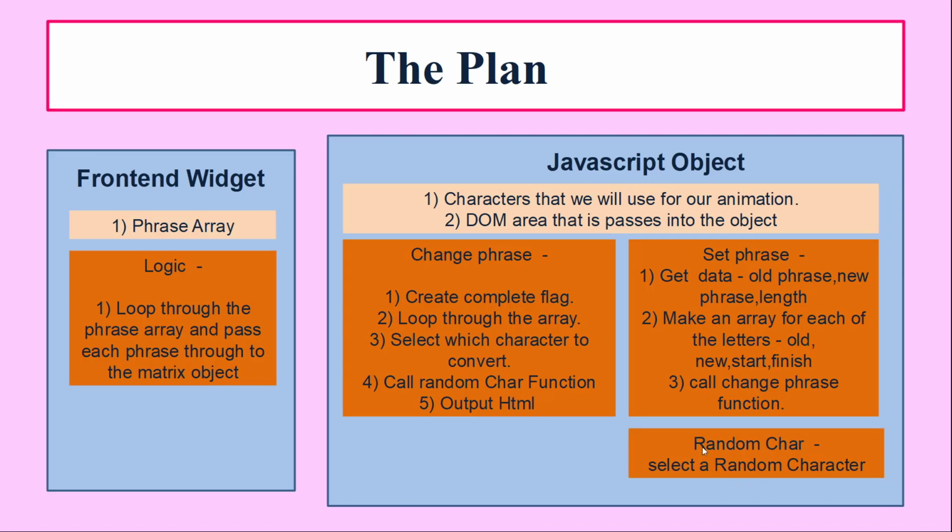And then we'll create a method that allows us to select a random character. So this is the big overview picture. If you don't quite understand it yet, don't worry. We're going to go through it step by step to create it. But it could be a good idea that once we've built it, you come back to this plan and see whether you can understand why I've done it this way.